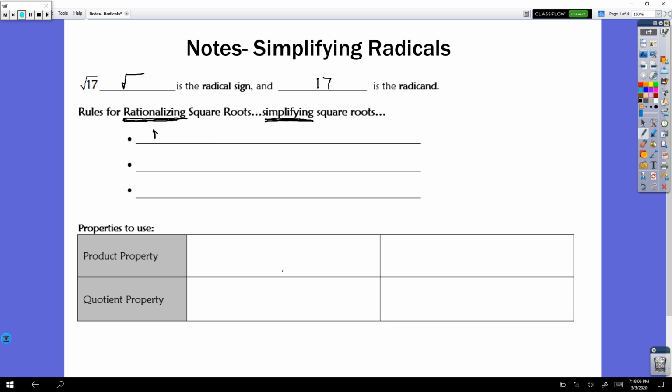First thing, we want no perfect squares inside the root. I also want no fractions. And the last thing, I can't have any roots, so no roots in the denominator.